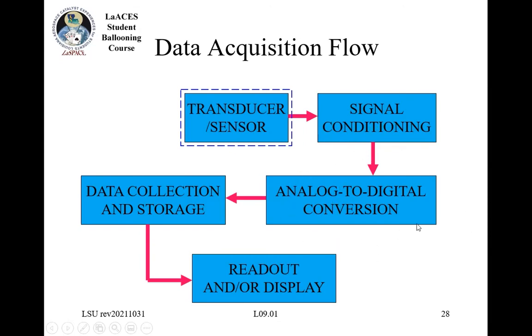We then need to convert this analog signal to a digital form so that we can read it with our microcontroller and store it, perhaps writing to the SD card, storing it in memory, or displaying it on a readout. All of that happens for every time we take a point of data. That's the basic overview of sensors and data acquisition.